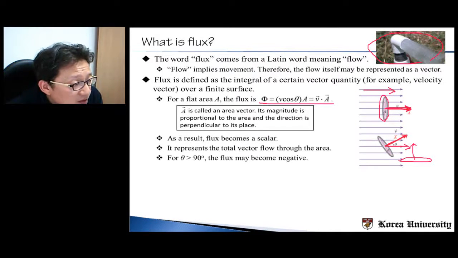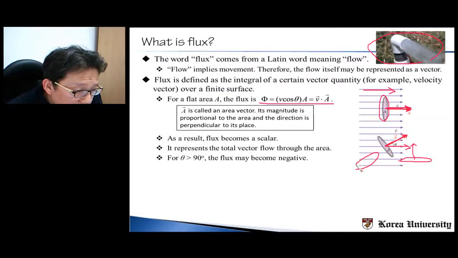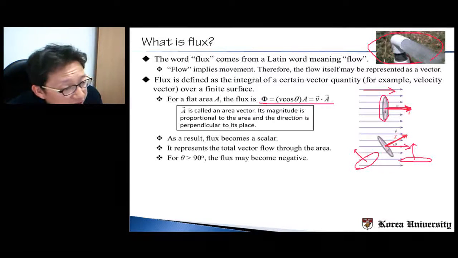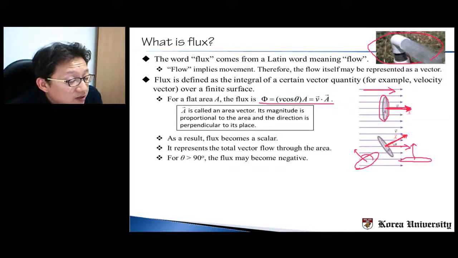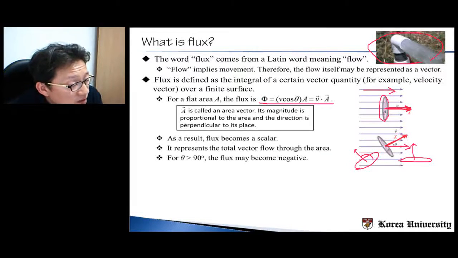And then let's think about a case when we actually put the area vector along this direction. In that case, now angle theta will become larger than 90 degrees, and according to this definition, the flux may become negative.